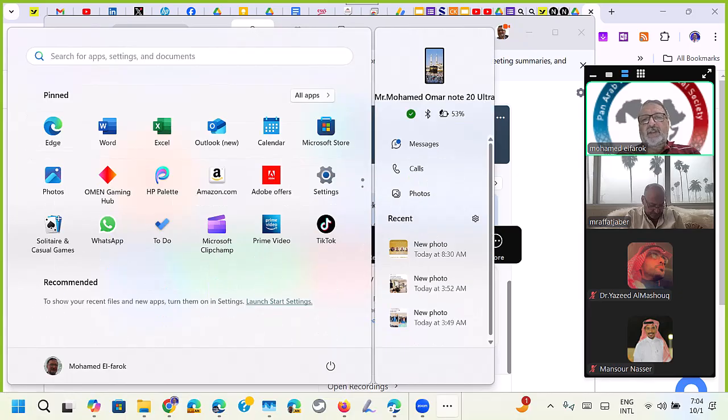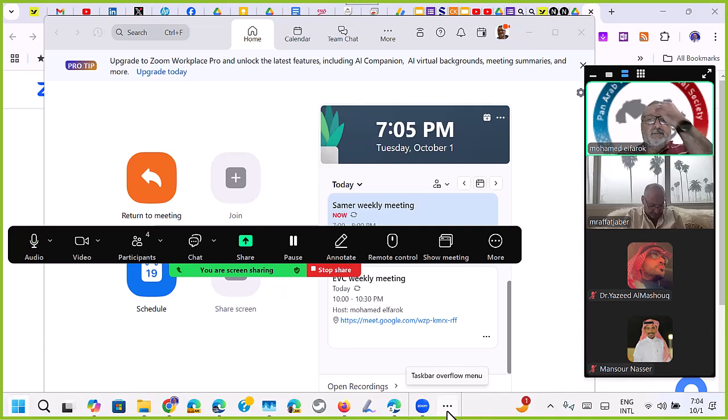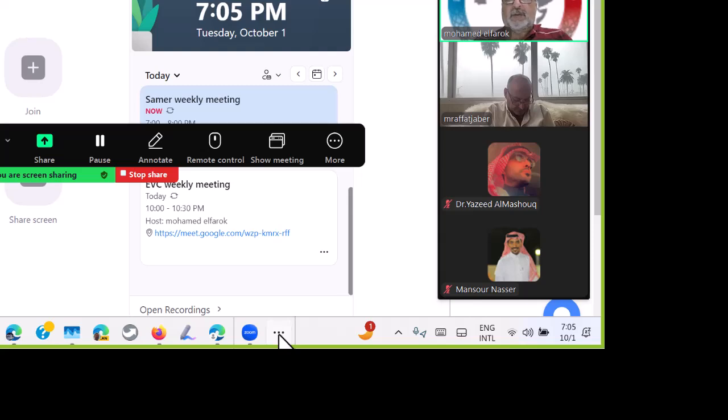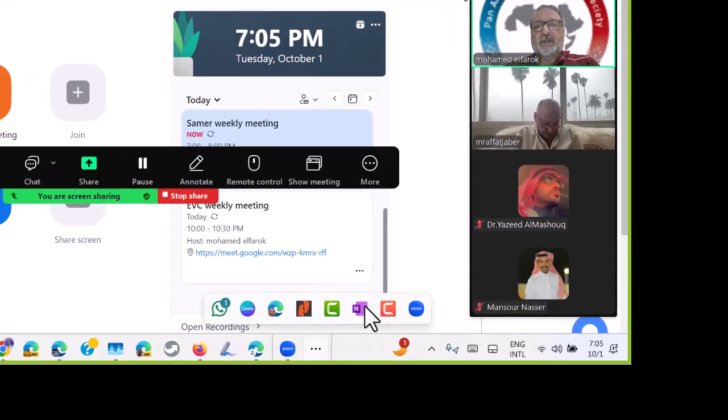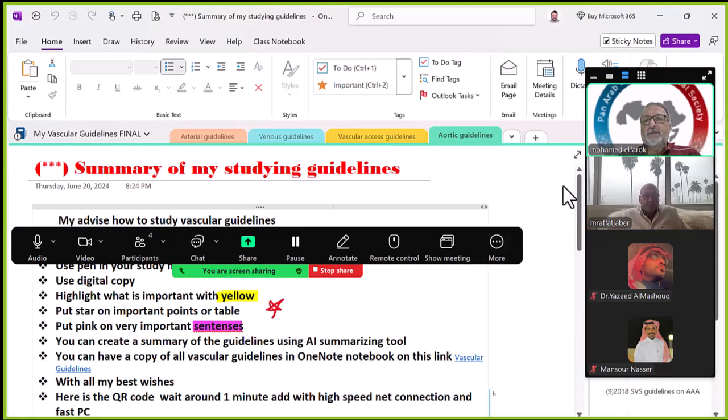Can anyone volunteer how you study guidelines? What do you usually do? Dr. Yazan or Dr. Mansour or any of our dear professors? What do you do? You probably would just open the guideline and read it. That's what a lot of us do.